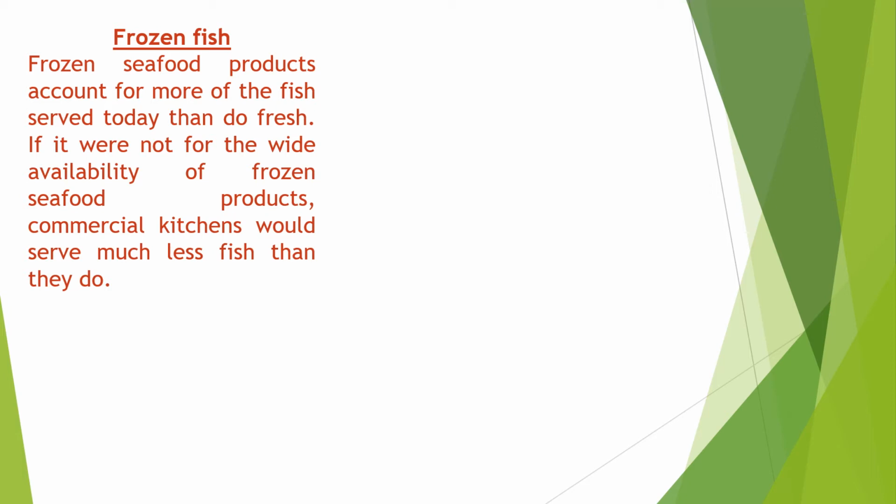For example, here in Belize, we don't have bluefin tuna or salmon, but you can find tuna and salmon in some restaurants in Belize. The reason why you can find it is because of frozen fish or frozen seafood products, which are imported from abroad, maybe from Alaska or United States or Japan or other countries.